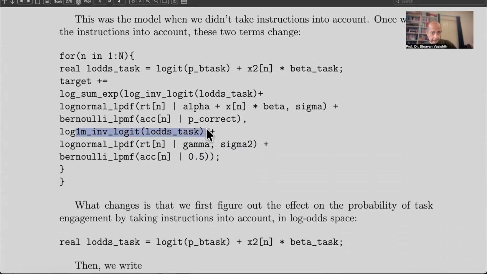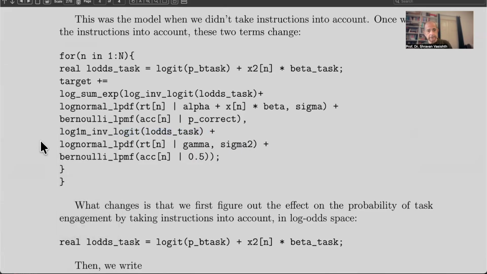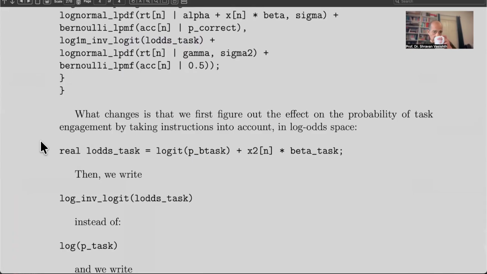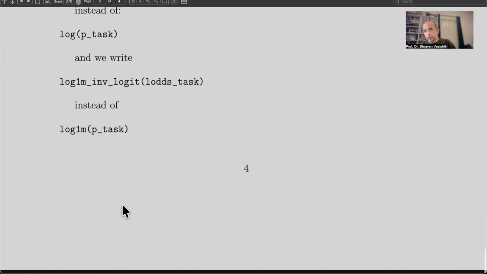And then eventually it also converts it to log scale. Okay, so that's the only thing that changes. So that's what I'm explaining here. So basically that's the model. Okay, so you need to be clear about what's going on.